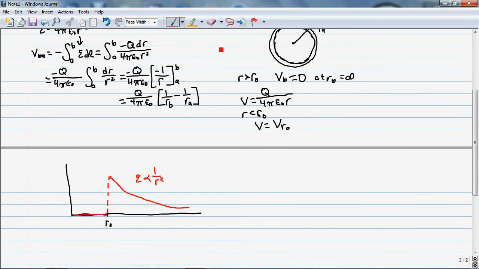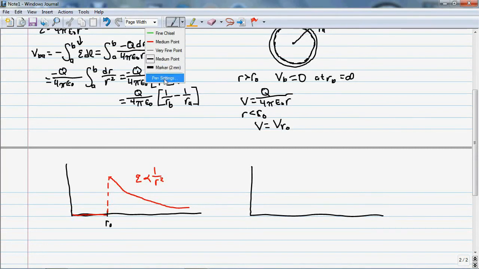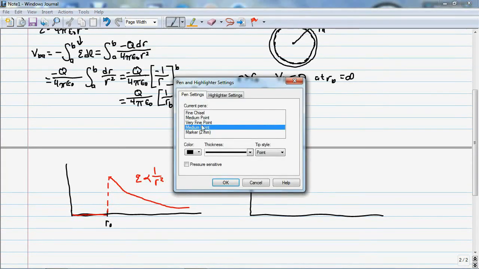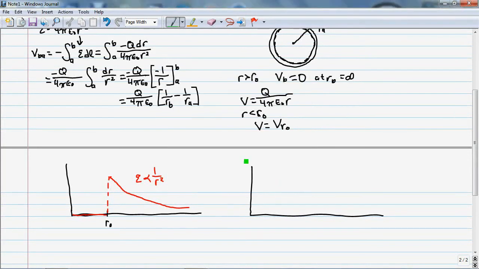For the potential, well, it's going to be a little bit different, because at R naught, I don't have 0 potential.